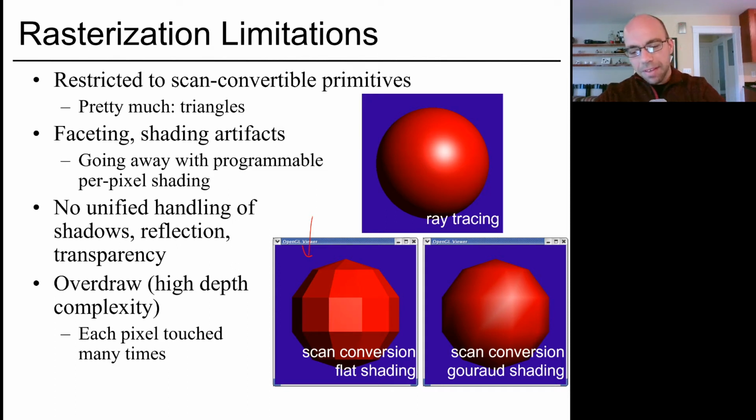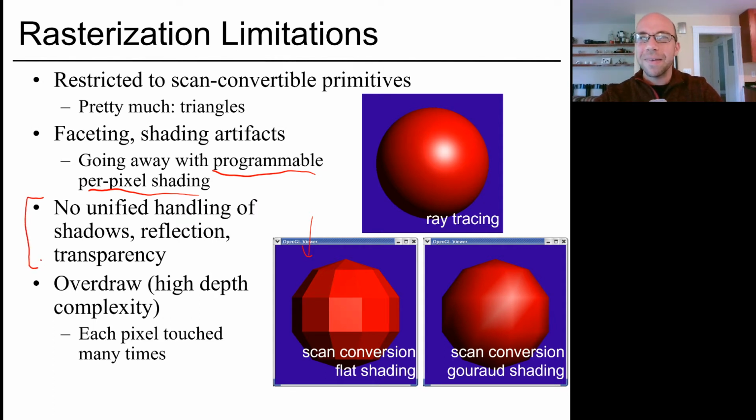Now, what we'll see is that programmable shaders will get rid of a lot of these artifacts by coming up with really clever ways to simulate higher quality rendering, even if our geometry isn't so great. And moreover, modern GPUs can support streaming over a huge number of triangles, so this may be actually kind of an irrelevant concern.